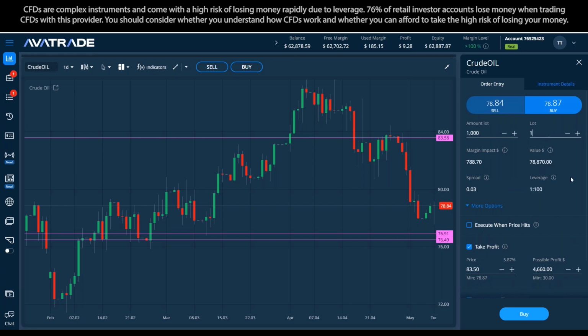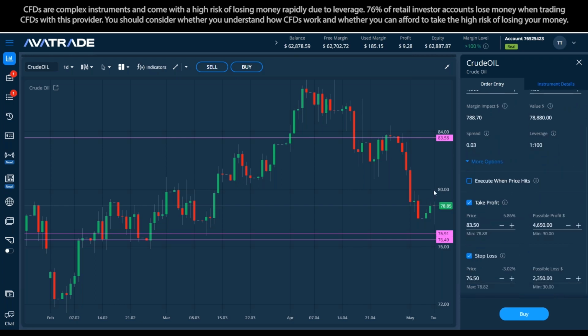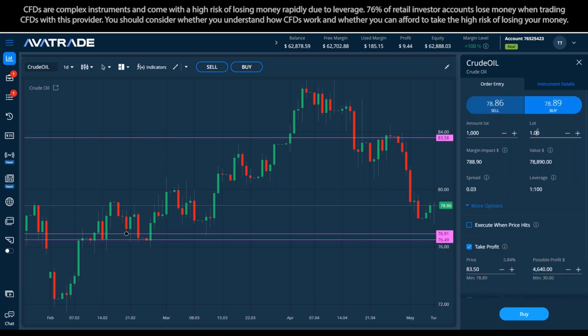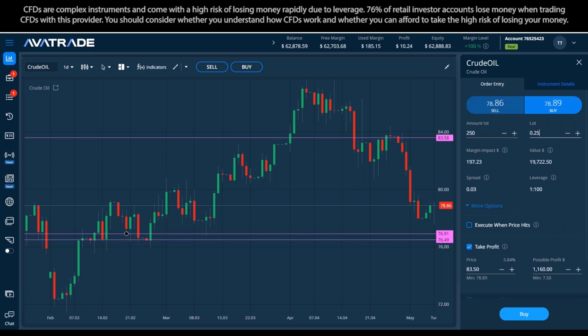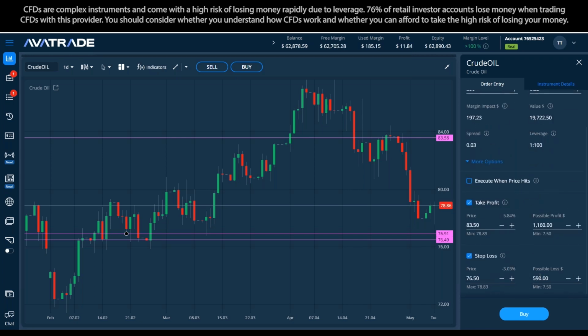So if I go one lot, now I adjust the trade size. We've got the exit points set up for stop loss and take profit. Now we adjust the trade size to be at the amount of risk and reward that we're looking for. And so again, I go down in a stepwise fashion until I see a trade size that makes sense for me.